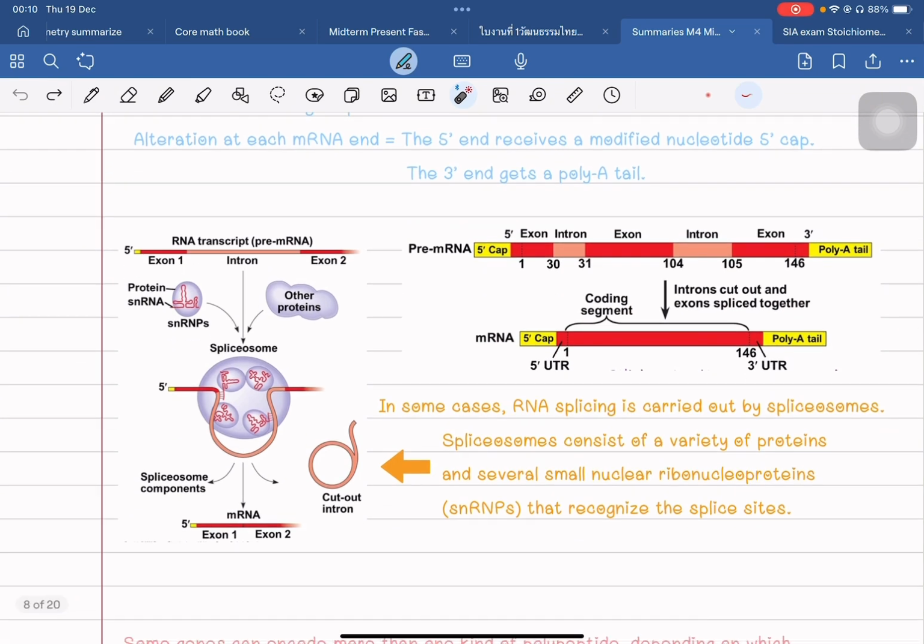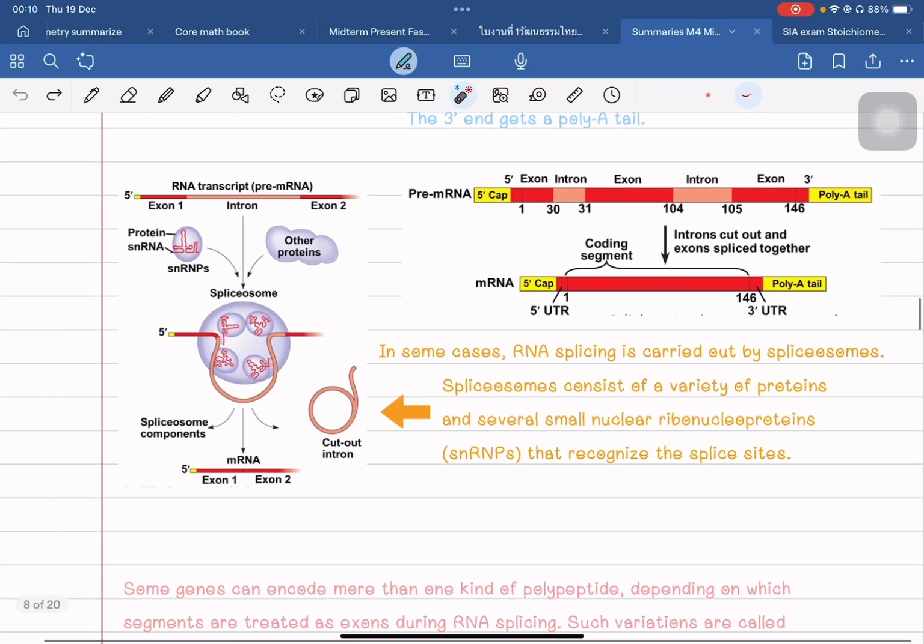But in some cases, RNA splicing is carried out by the spliceosomes. So, like this picture, spliceosomes consist of a variety of proteins and several small nuclear ribonucleoproteins, and that recognizes the splice sites.